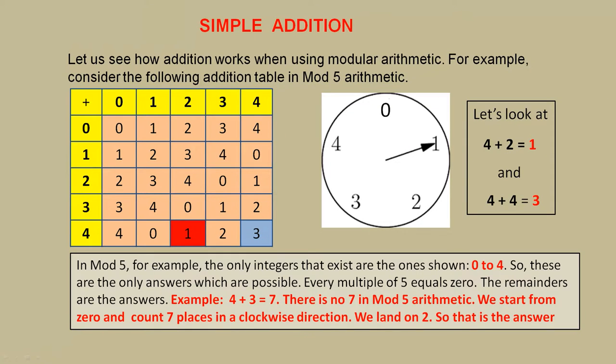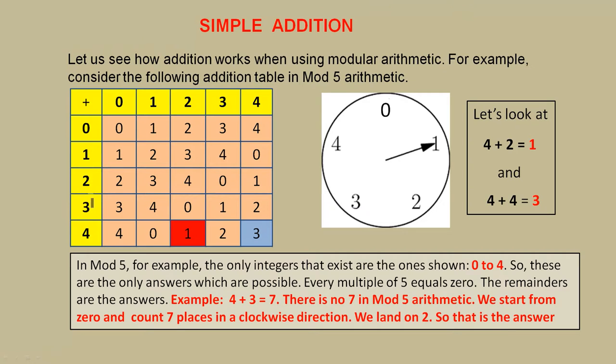Simple addition. Let us see how addition works when using modular arithmetic. For example, consider the following addition table in Mod 5 arithmetic. Now remember, in Mod 5 arithmetic we have the numbers from 0 to 4.